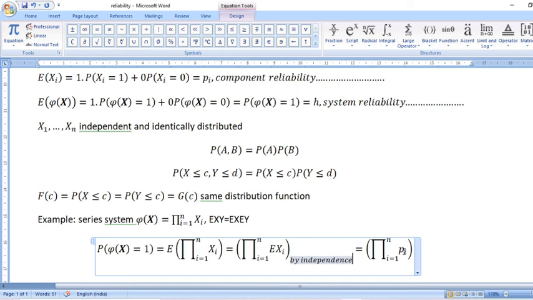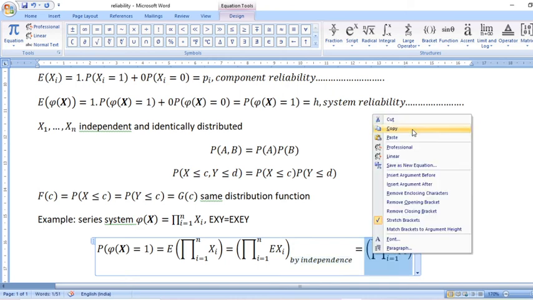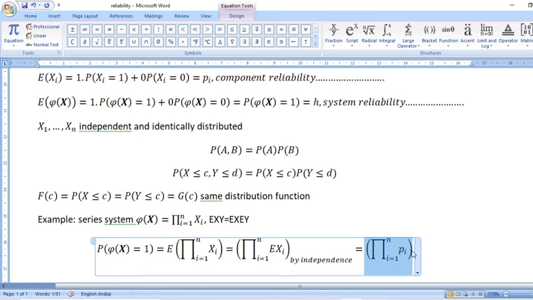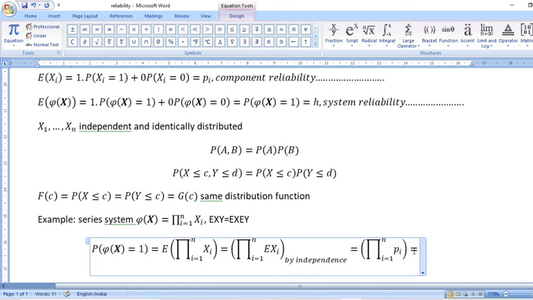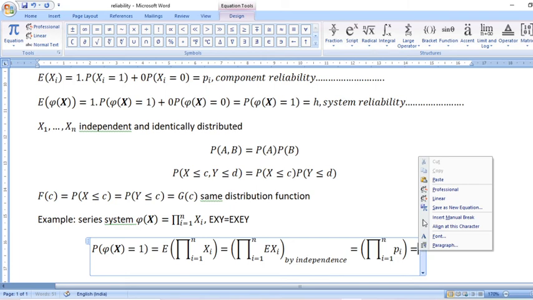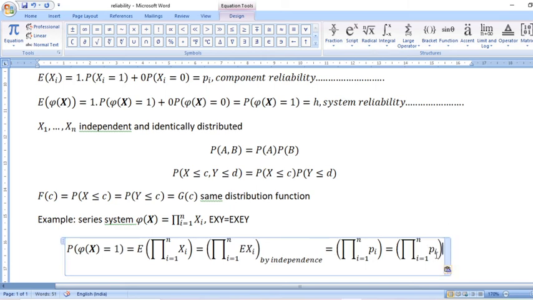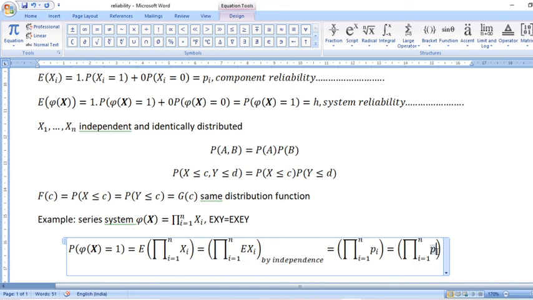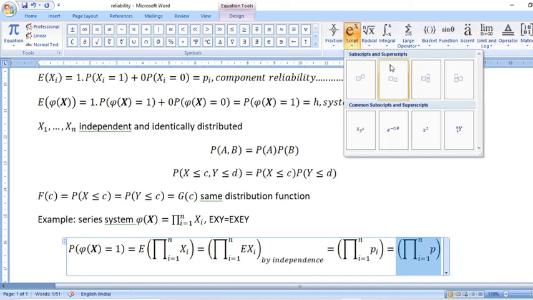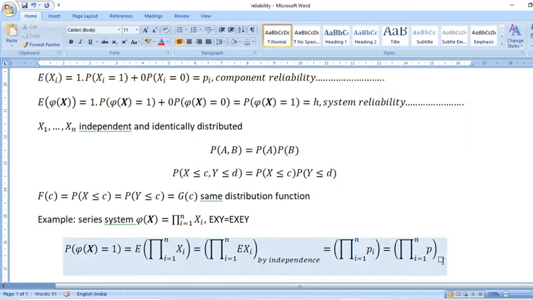So we have put only that, and we will have one more step by identical assumption. Instead of pi we can use p, because they are identically distributed. All pi's will be same. What will be the reason? Identically distributed.